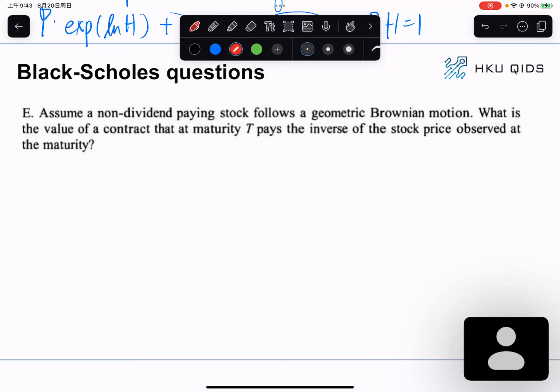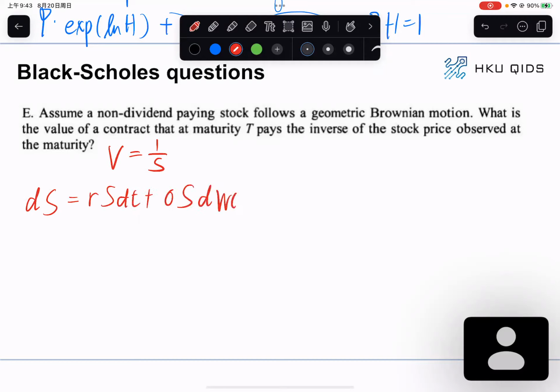Black-Scholes differential equation. We first define V equal to 1 over S, and under the risk neutral measure again, dS is going to be rS dt plus sigma S dWt, right?